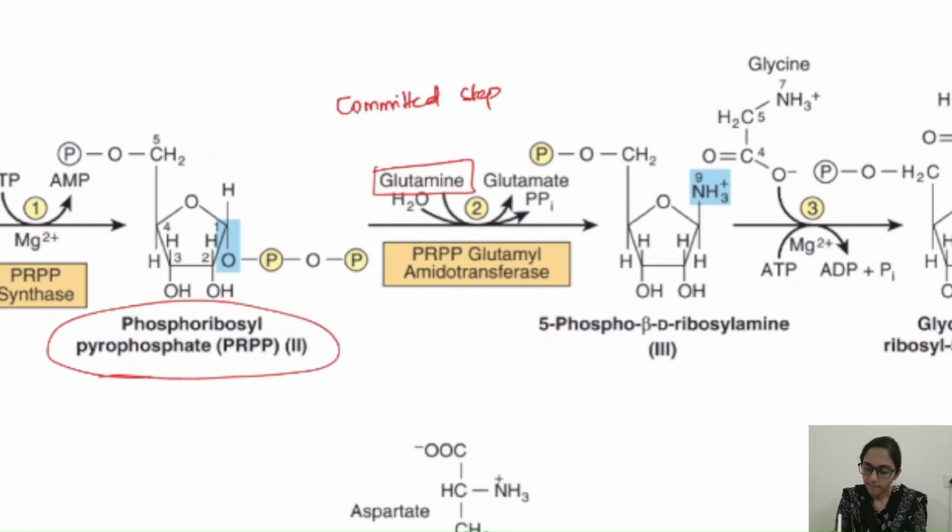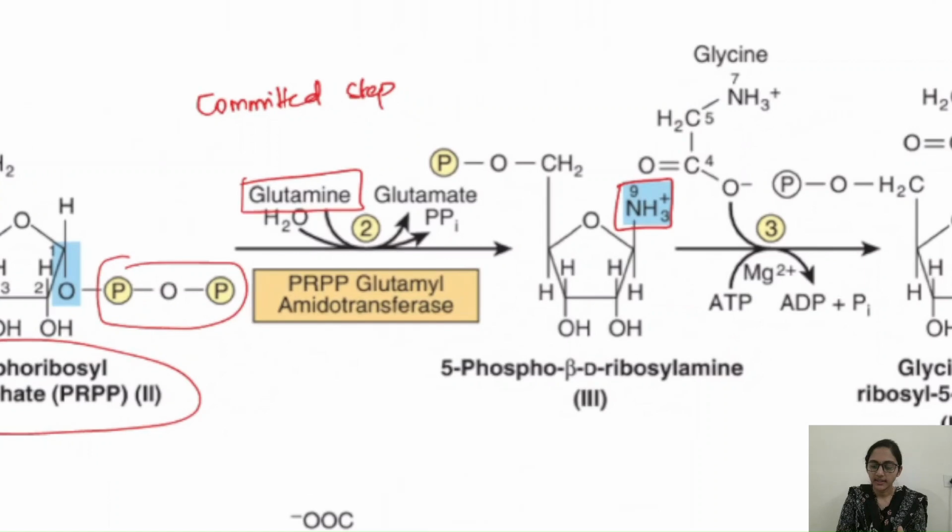Now to this, an amino group obtained from the glutamine has been attached here. So how does this happen? The pyrophosphate is being removed, and the alpha configuration is going to convert into beta configuration.